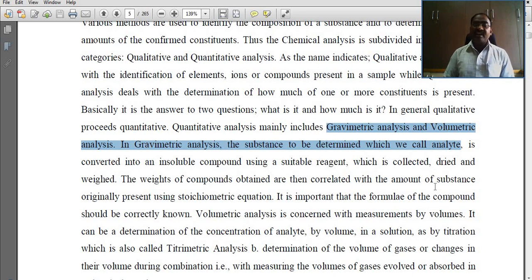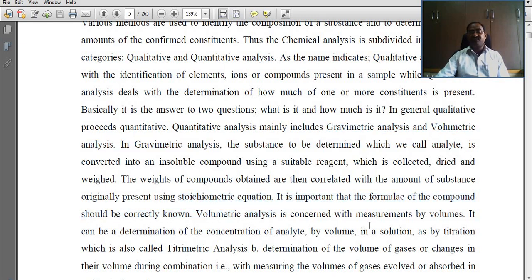In gravimetric analysis, the substance to be determined, which we call the analyte, is converted into an insoluble compound using a suitable reagent, which is collected, dried and weighed. The weight of the compound obtained is then correlated with the amount of substance originally present using stoichiometric equations.